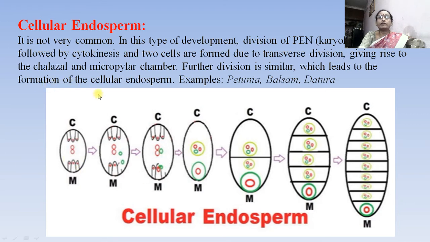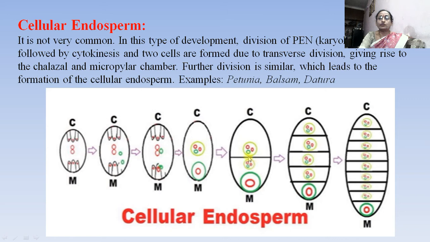In this type of development, division of PEN, that is karyokinesis, is followed by cytokinesis, and two cells are produced due to the transverse division, giving rise to chalazal and micropylar chambers. And further division is similar, which leads to the formation of cellular endosperm. Here is the primary endosperm nucleus, and this is the zygote. Then the first division is also mitotic division, no doubt.